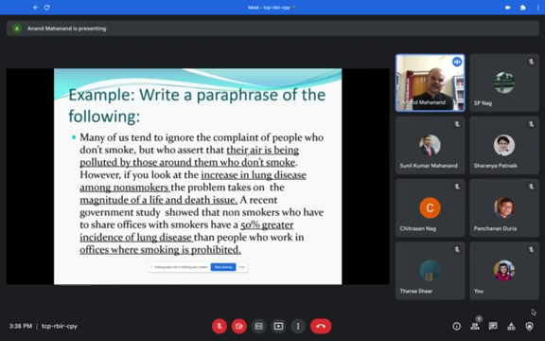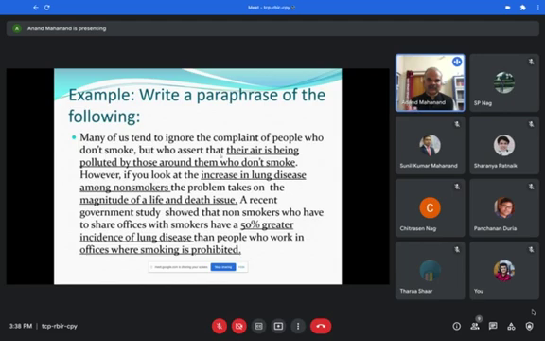So I am giving you some techniques also for that. Write a paraphrase of the following. For example, this is the passage. When you write a paraphrase, you look at which words can be converted or which words have synonyms. Which words have alternatives? Okay.